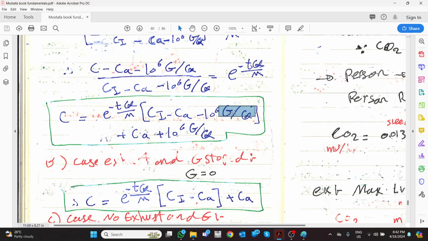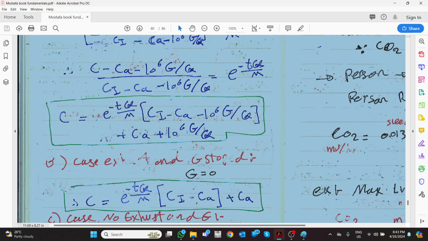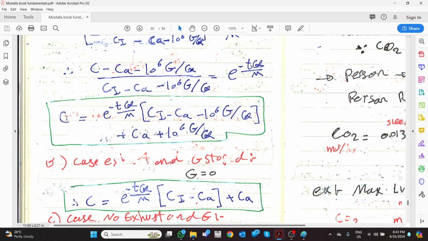However, you can state how many ppm is generated, and so on. You will get the concentration after 10 seconds, 20 seconds, etc.